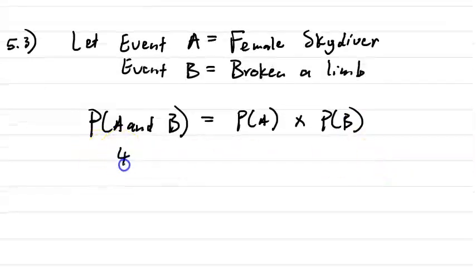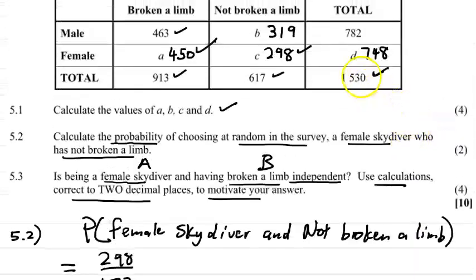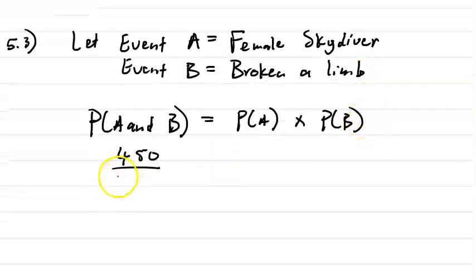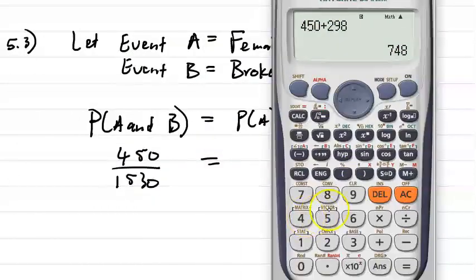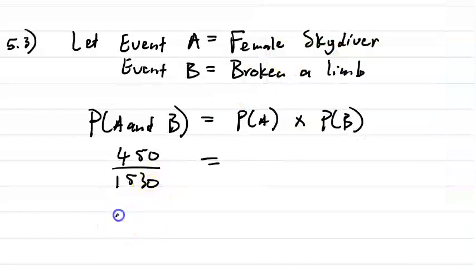So we have 450 over 1,530, and let's simplify that. 450 divided by 1,530 equals 5 over 17, which is 0.294. So let's round to 2 decimal places, 0.29.